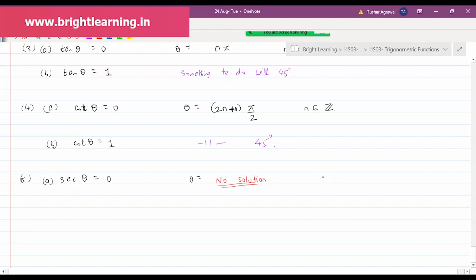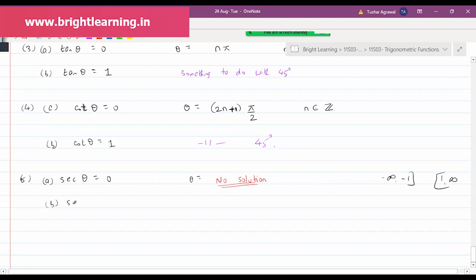This part we have seen. Range. What values can cos take? Cos can take values from -1 to 1. So what values will sec take? The reciprocal. Sec takes values from -infinity to -1 and 1 to infinity. It never takes a value between -1 and 1. So sec theta equal to 0, no solution.